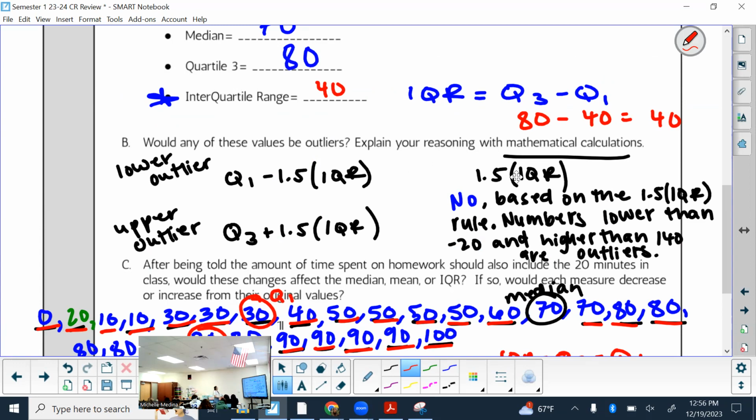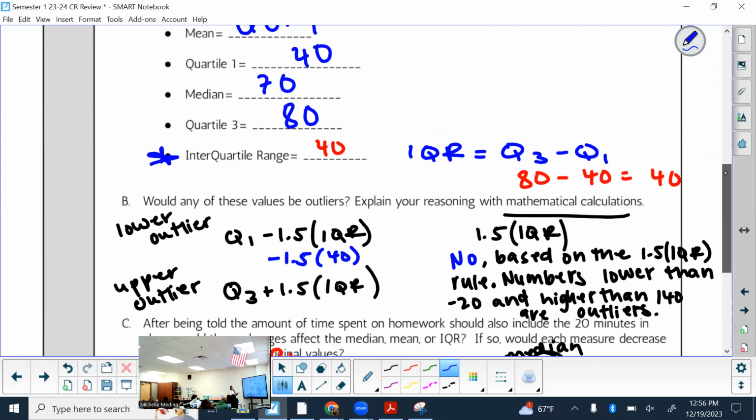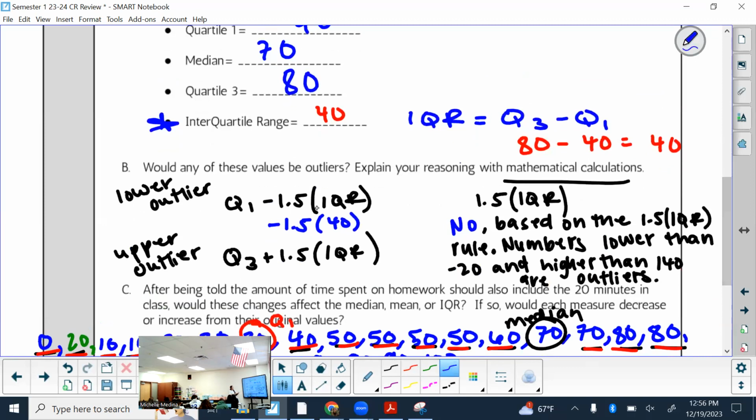Okay, so we know the IQR was 40 when we calculated it earlier. So I would do 1.5 times 40, and whatever my Q1 is, my quartile 1 was 40. 40 minus 1.5 times the IQR was, if I remember correctly, negative 20.